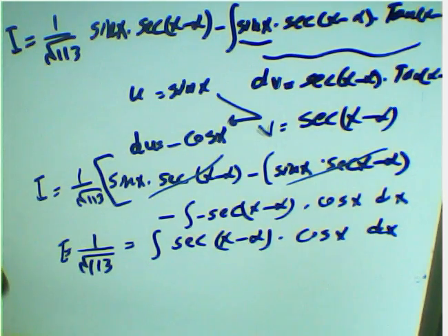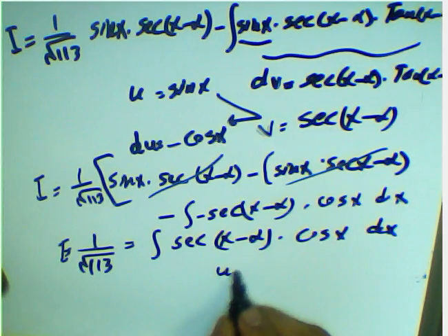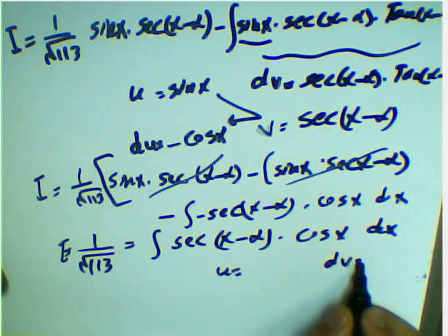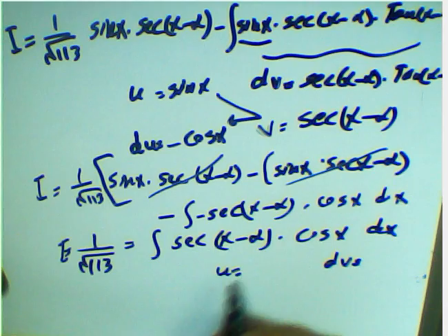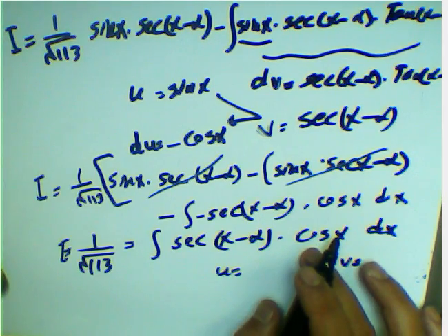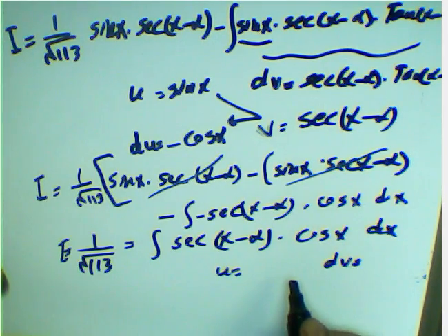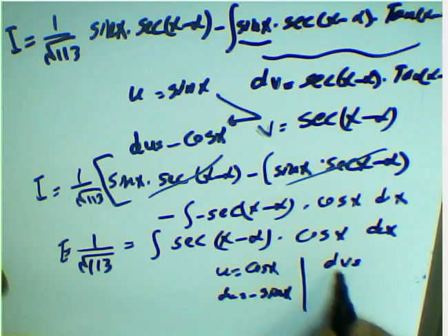We can choose which function to differentiate and which to integrate. I will write here u and dv. The function sec has derivative sec tan, and cosine has derivative negative sine x.